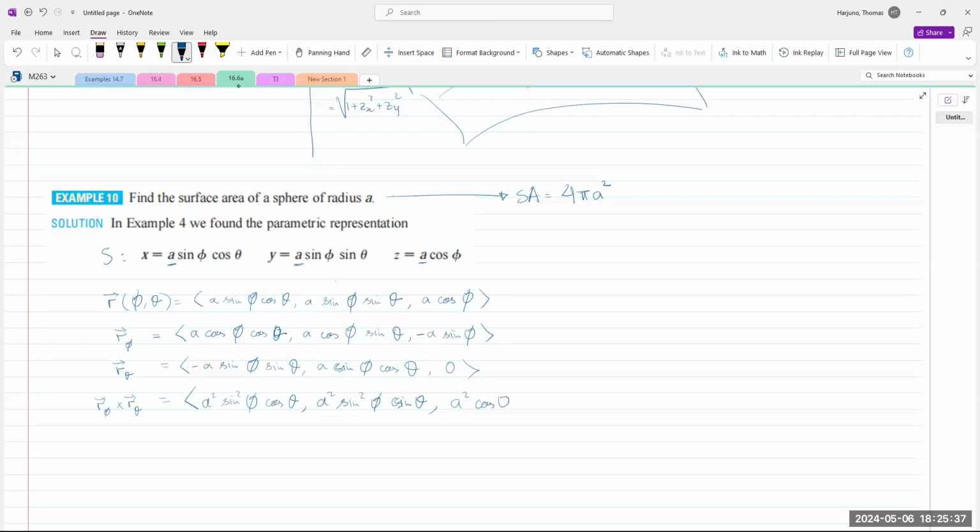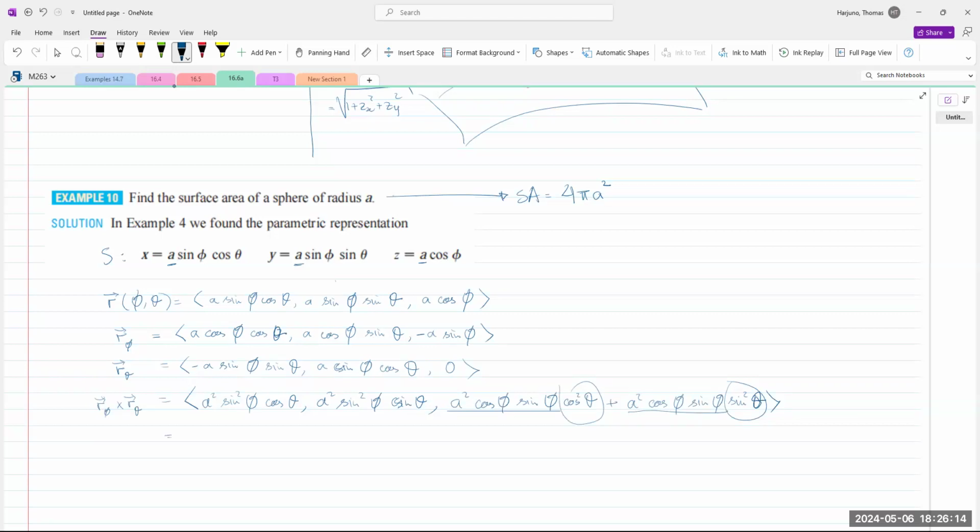And then the z component will be a squared cosine phi sine phi cosine squared theta plus a squared cosine phi sine phi sine squared theta. But notice that if we factor the a squared cosine phi sine phi out, then we end up with this guy plus this guy, which is 1, right?